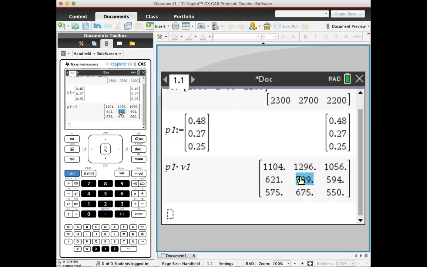And what does the element Q23 represent? So 2 means the second row, which is here. And the 3 is the third column. So we want to see 594, okay? 594 people. And let's have a look.